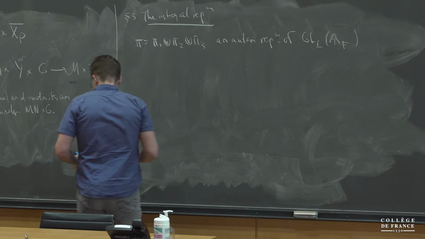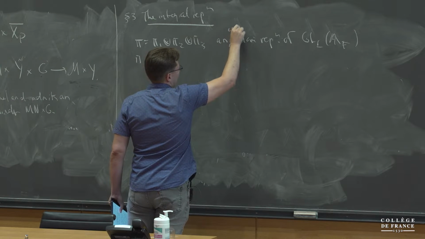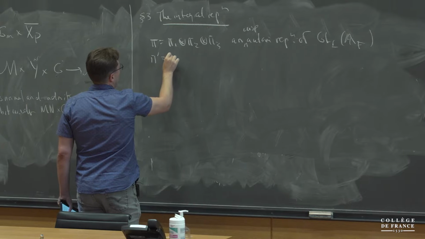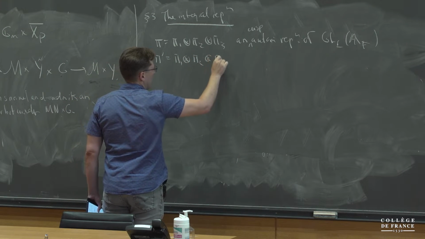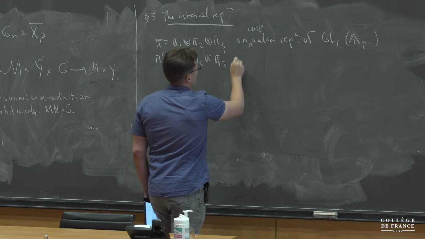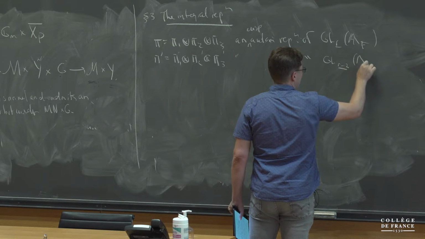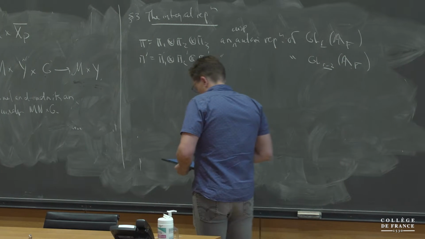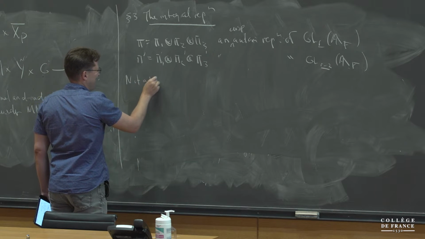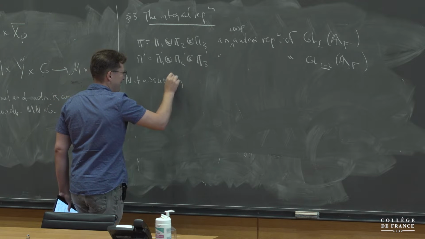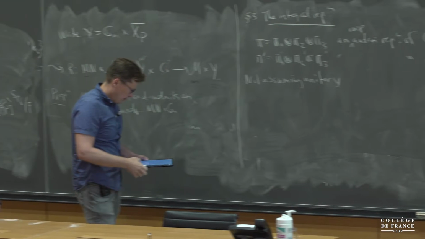R is arbitrary now, and I'll say cuspidal. And pi prime is pi 1 tensor pi 2 tensor pi 3 prime. This is a cuspidal automorphic representation of this. Okay. I'm not going to assume that they're unitary, just so I don't have to put more parameters in things.